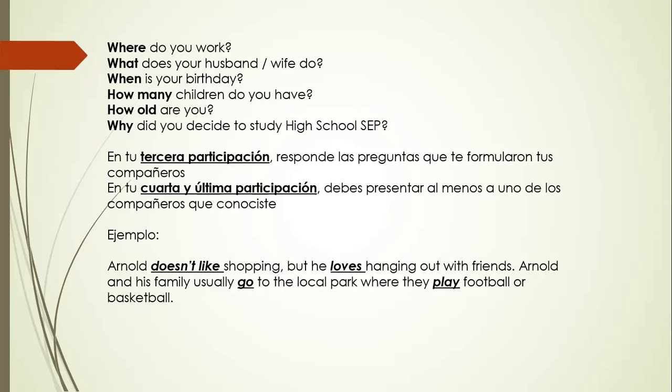Tomando en cuenta esa información de la participación 1 y de la participación 3, van a poder realizar la presentación de alguien de sus compañeros.